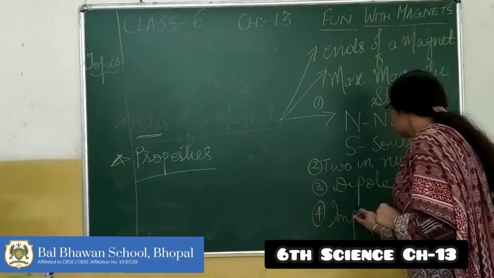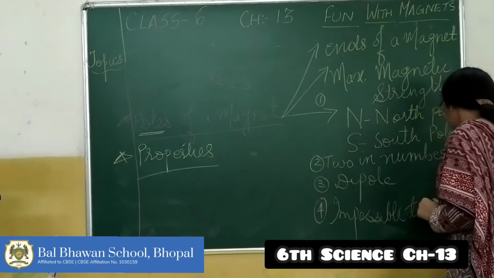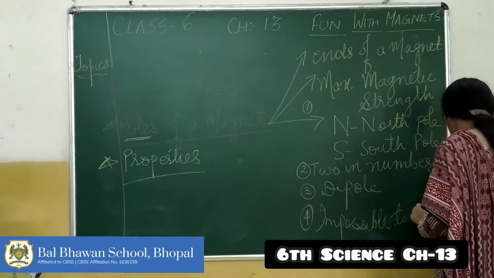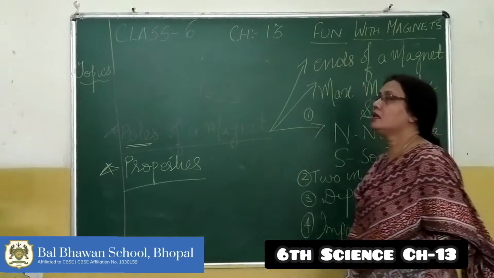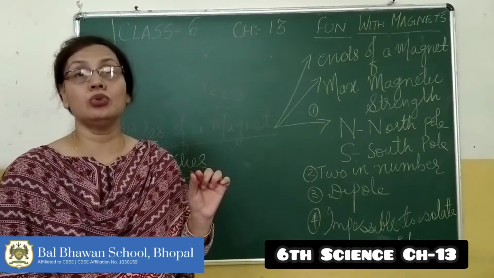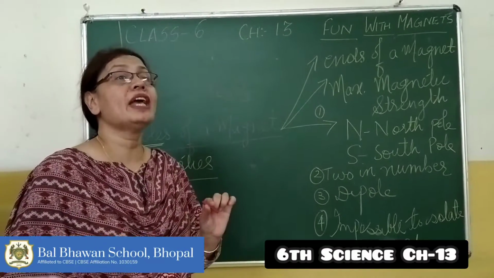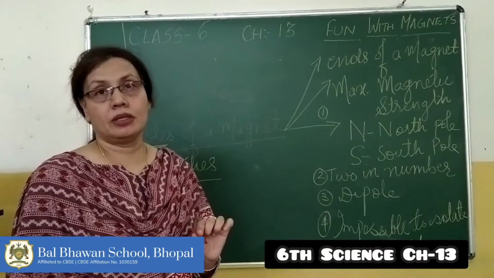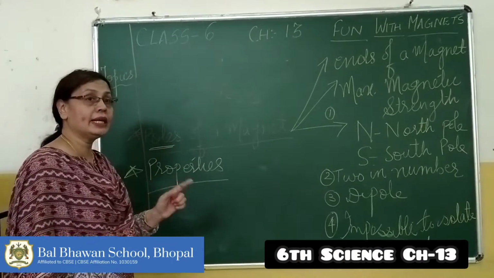It is impossible to isolate poles. That means we can never get a magnet which has only one pole, because these poles always exist in pairs. I hope the definition and properties of poles of a magnet are clear to you.